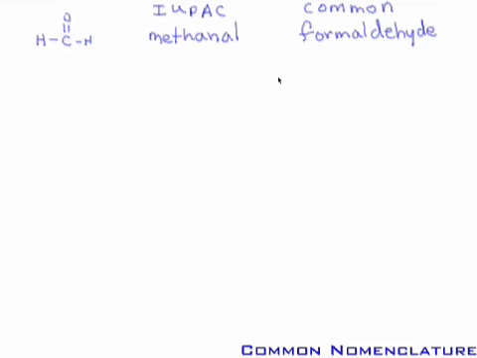Formaldehyde. If we make the carbon chain a little longer, we get a C double bond O here. We now have 2 carbon chain. That becomes an ethanal under IUPAC, which is an acetaldehyde.